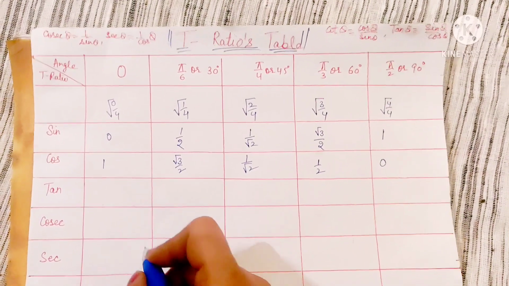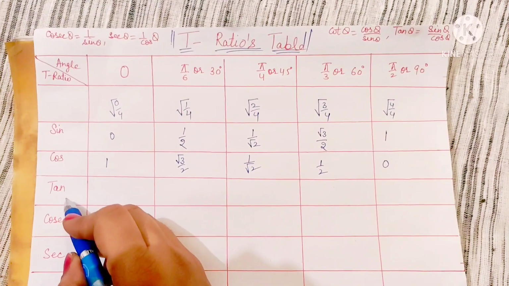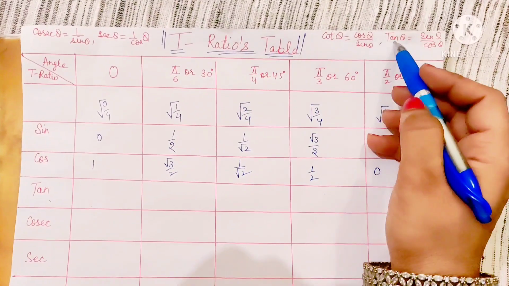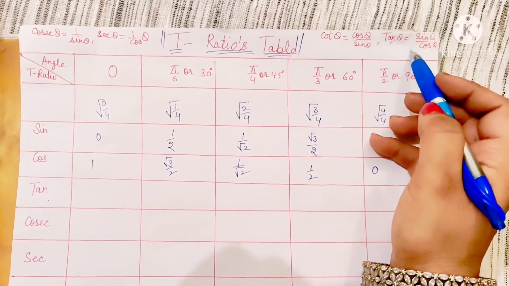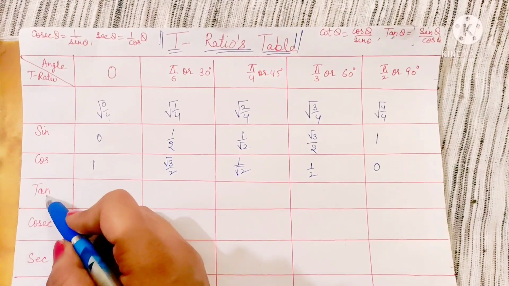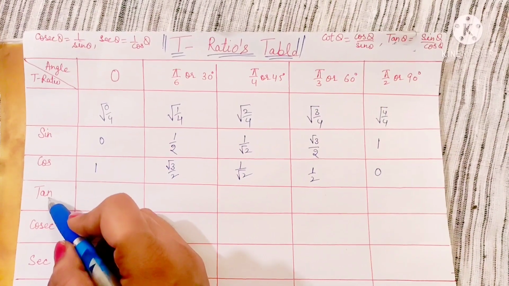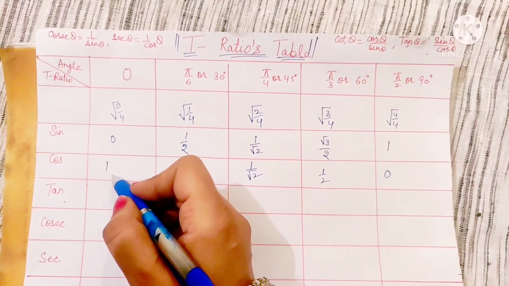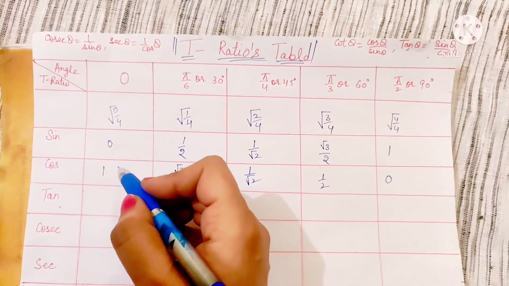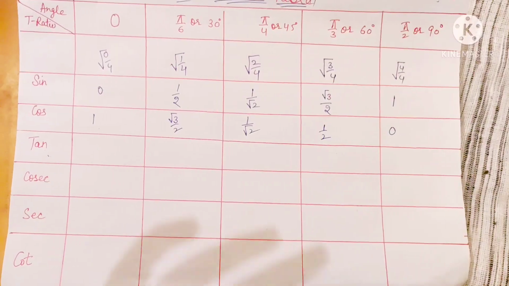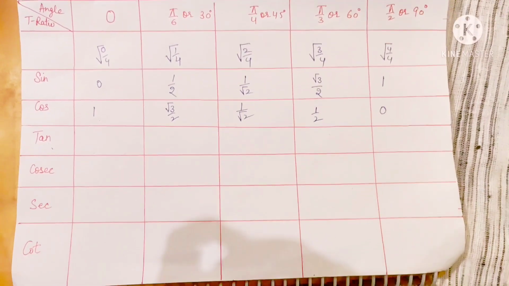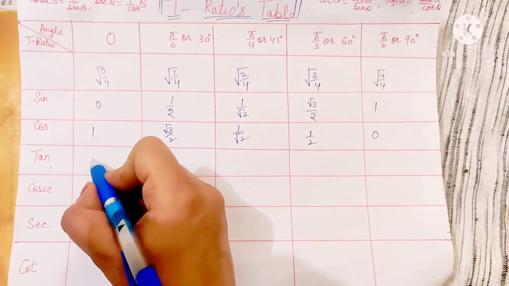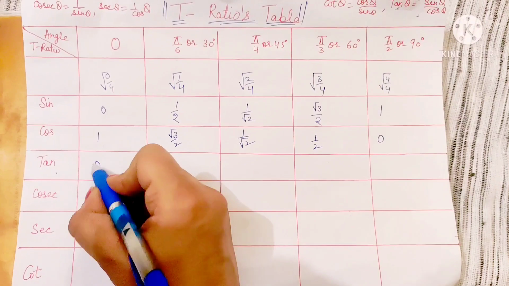Now the ratios of tan. Because tan theta is equal to sin theta over cos theta, so tan of 0 degree is equal to 0 divided by 1, 0 by 1 means 0.